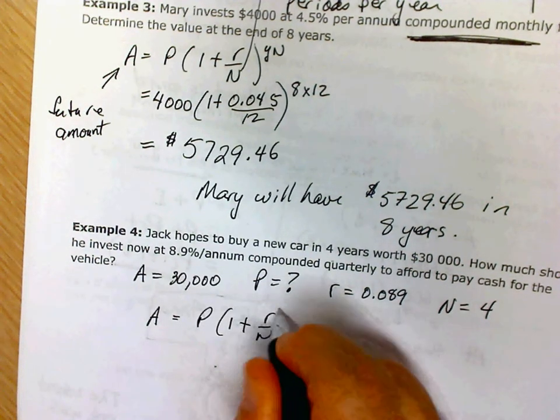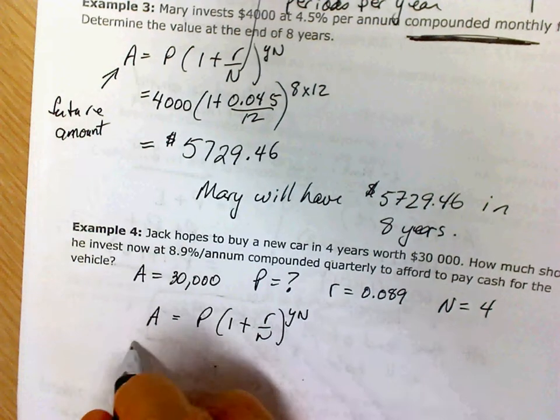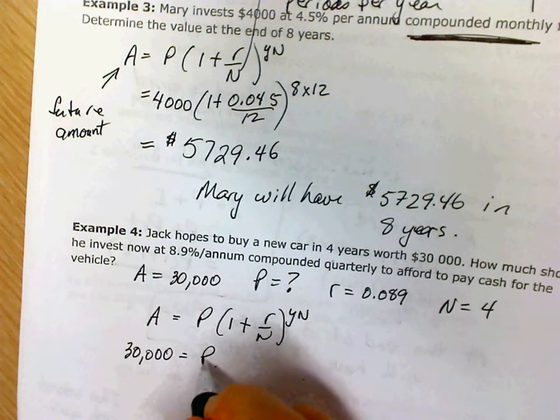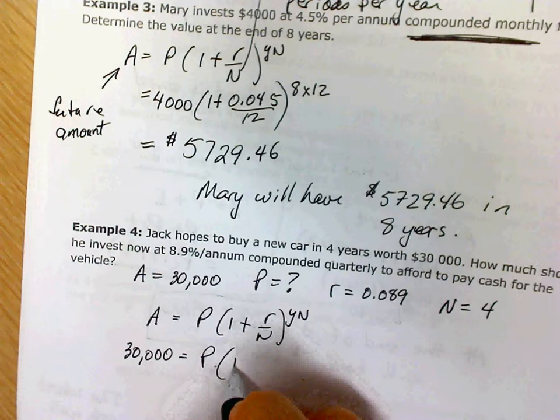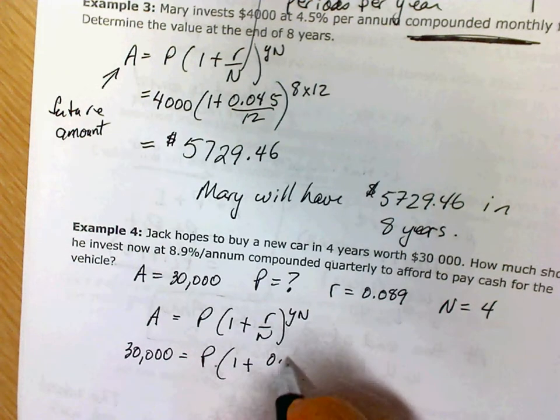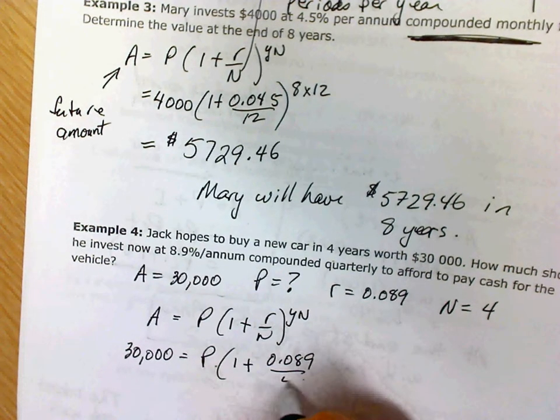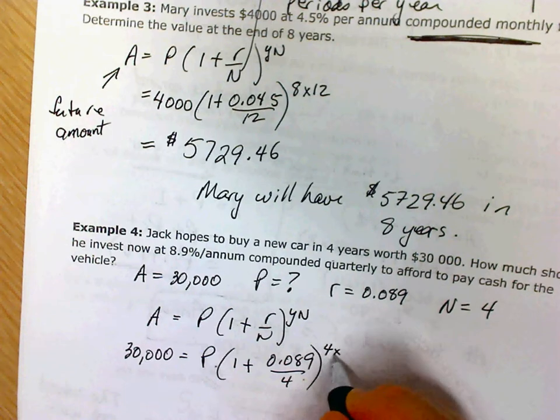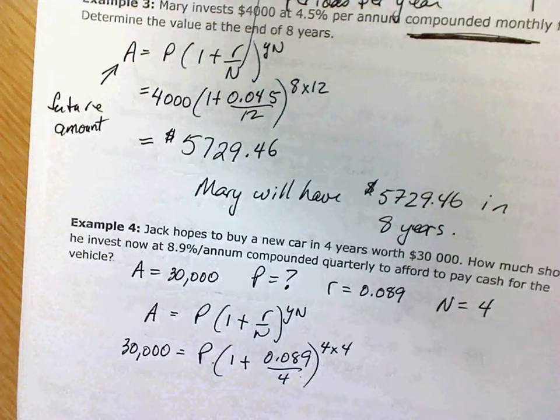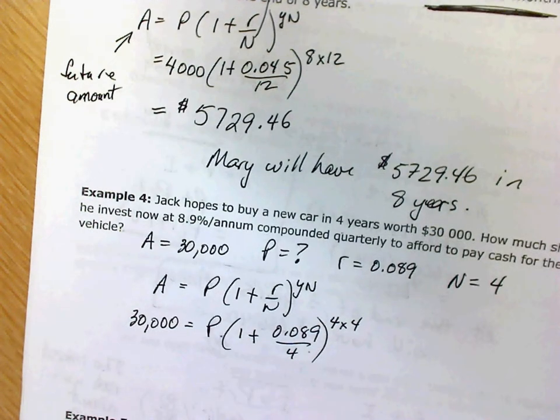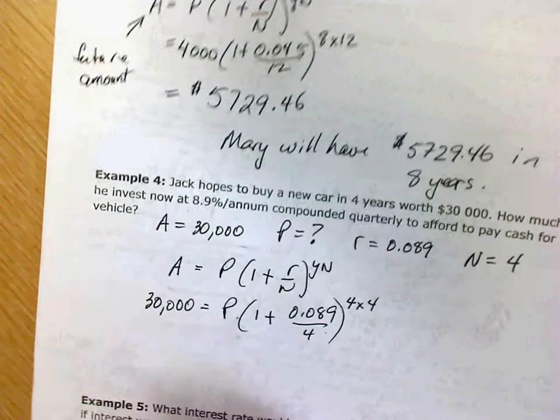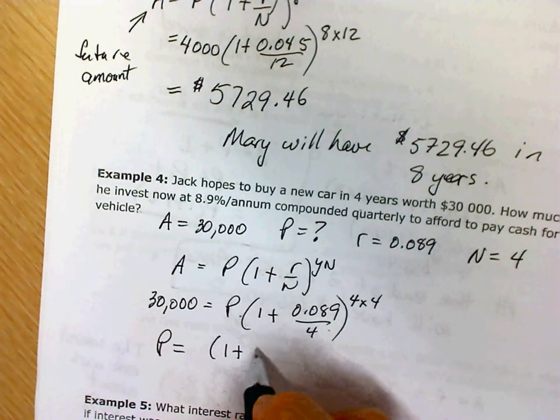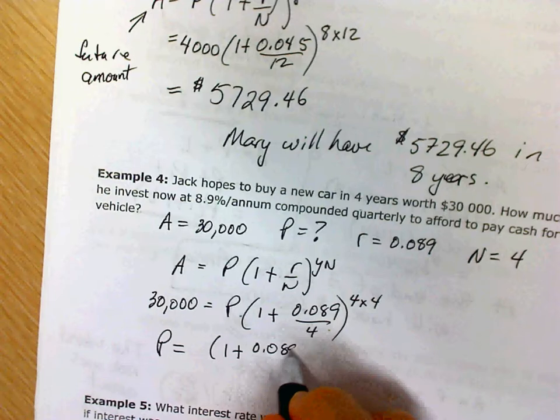So he needs $30,000 at the end of 4 years. How much should he invest today? 1 plus 0.089 over 4. And it's 4 years and 4 compounding periods a year. So P equals 1 plus 0.089 over 4 to the 16.